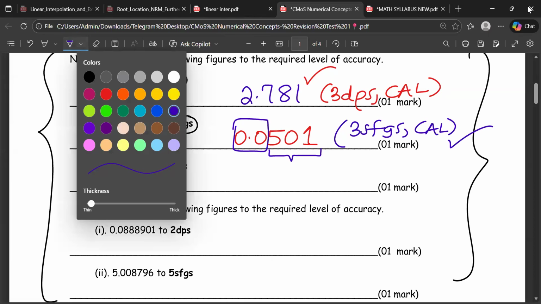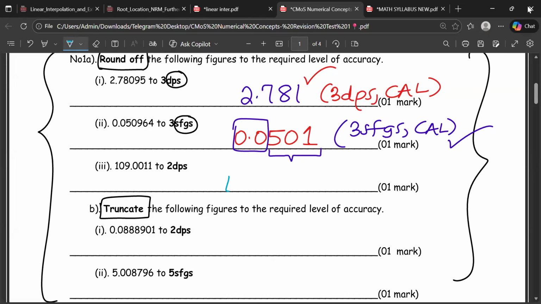Then the other one is 109 point 0.00. But if you are in an exam, you can just leave it as 109, because 0.00 is nothing.